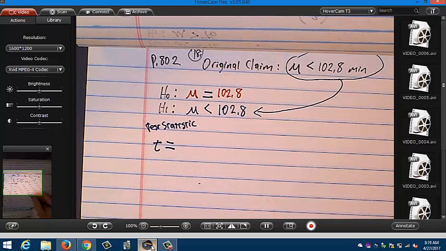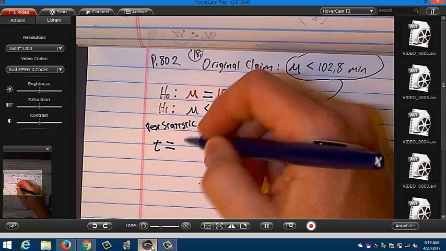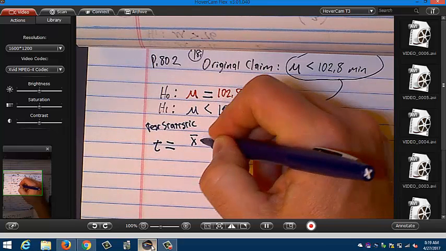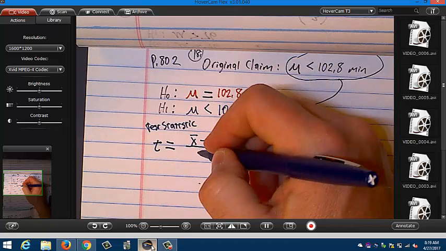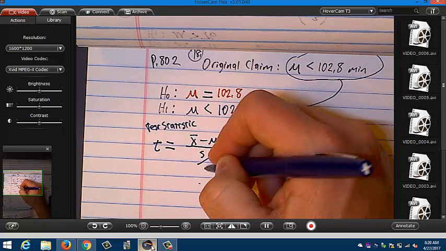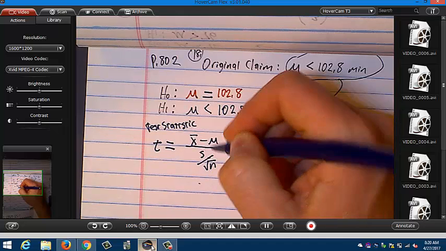T equals, and the formula is x bar minus mu divided by the standard deviation of the t distribution, which is s over the square root of n. You guys have seen that before a few times.